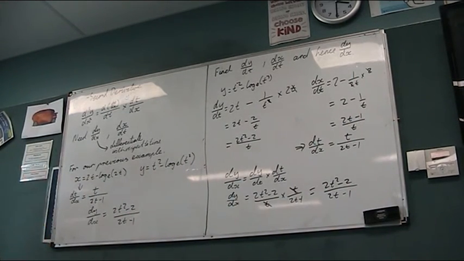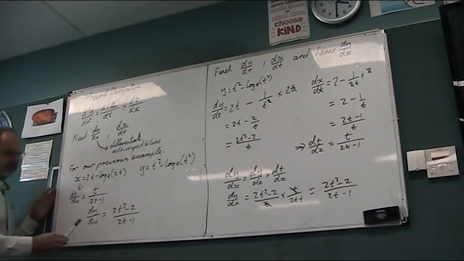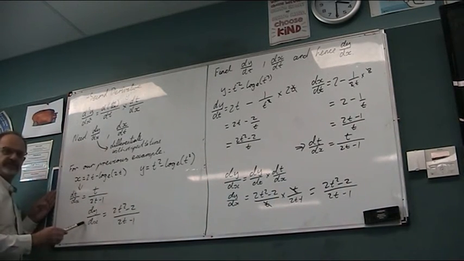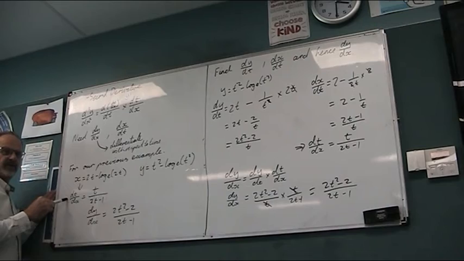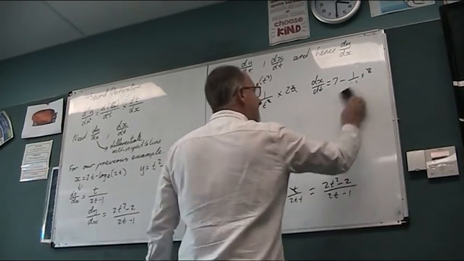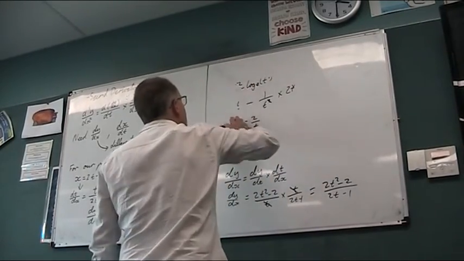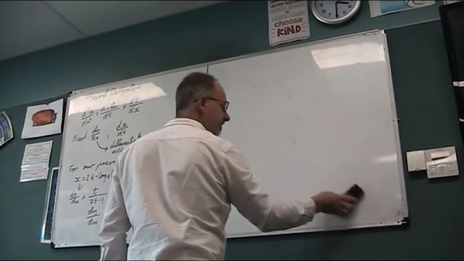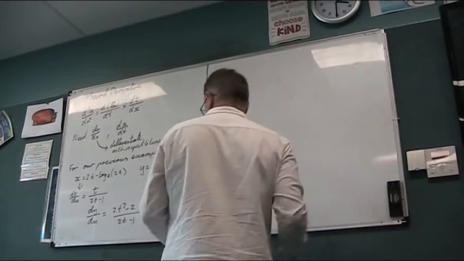So to get our second derivative, we need to differentiate this with respect to time, and then multiply by that one that we already have. So let's do that. There's a bit of mucking around with that. Should have chosen a better function, but anyway.